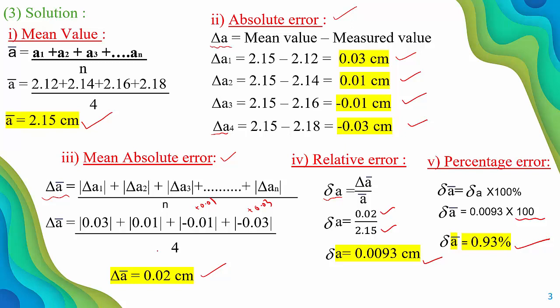So the mean value, A bar, is 2.15 centimeter. Mean absolute error, delta A bar, is 0.02 centimeter. Relative error is 0.0093 centimeter. And last, percentage error, we got 0.93%. You can check your result here. This is the proper solution for question number 3.